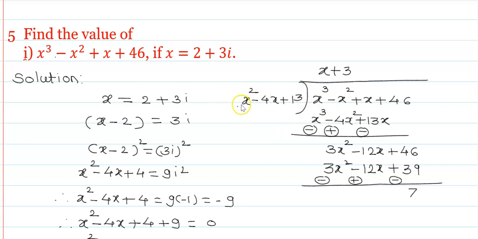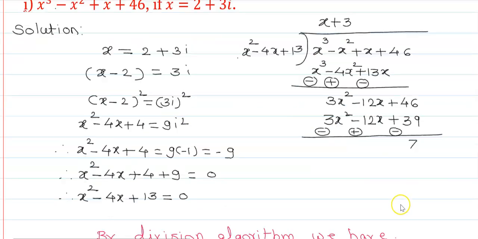By what should this x square be multiplied to get x cube? By x. Then multiply this x with all these terms. You are getting this. Next, here is 3x square. To get 3x square, by what do we multiply this x square? By plus 3. Then multiply this plus 3 with this polynomial. Then you are getting, in division, sign change. Hence it is the same.